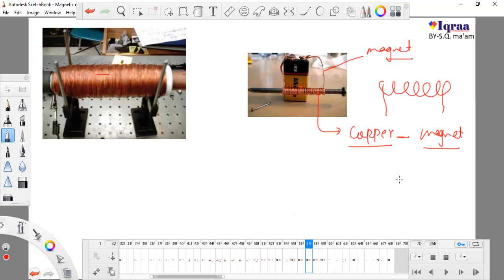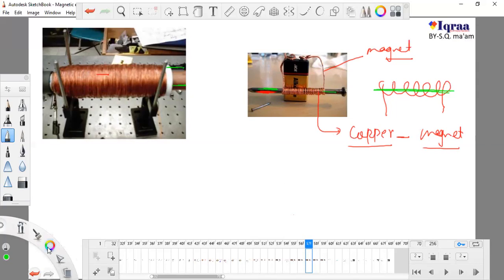If you want to give magnetic effect to another material, just insert it, as this iron is inserted. You can insert any type of metal into this. You can see the iron is inserted.